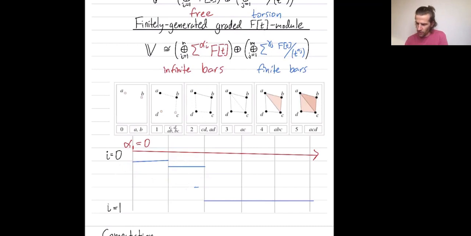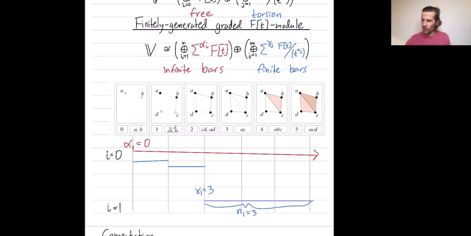So now we're doing one-dimensional homology, totally different module. Gamma_1 is equal to 3, okay? Because this bar starts at time 3. And n_1 is equal to 3 because this bar lasts for 3 steps.